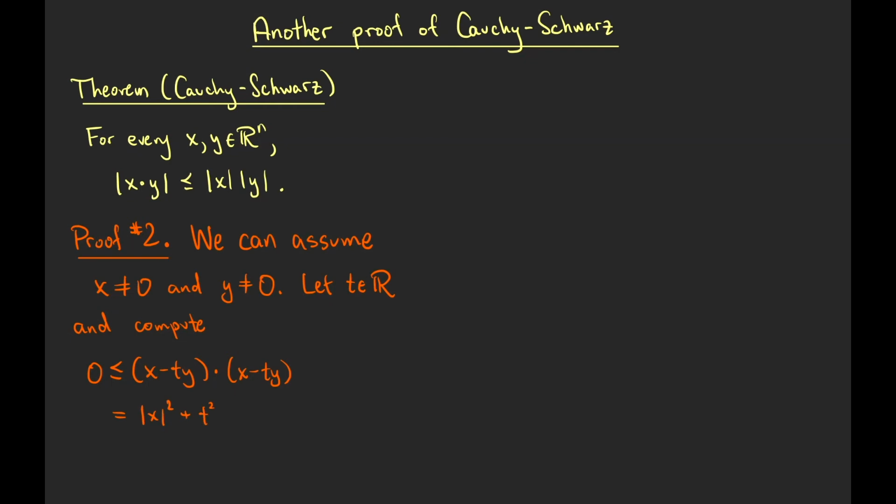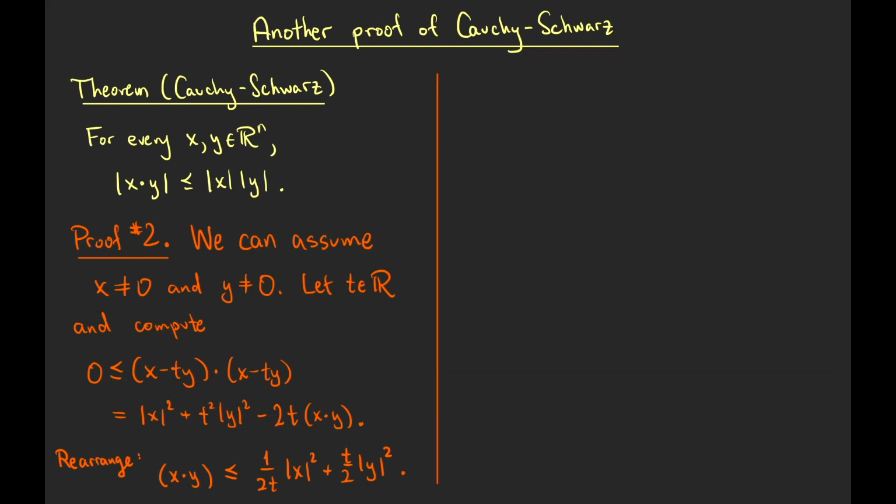Therefore, 0 is less than the length of x squared plus t squared times the length of y squared minus 2t x dot y. Now let's put x dot y on the other side and divide by 2t. x dot y is less than 1 divided by 2t times the length of x squared, plus t divided by 2 times the length of y squared. Here I'm assuming t is not 0, but that's okay because I'm about to choose t and you'll see that it's not 0.